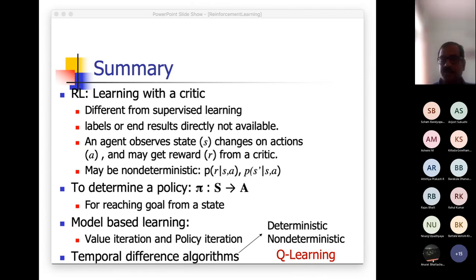Your third quiz will be held on 18th November, as I declared earlier. It is a Thursday, at 12:10 to 1:10, so it is 1 hour.